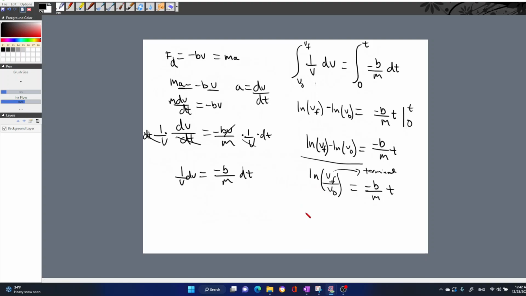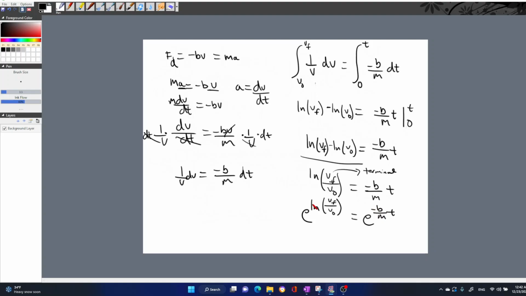So let's do that. We have e to the natural log of vf over v naught, which is equal to e to the negative b over m t.